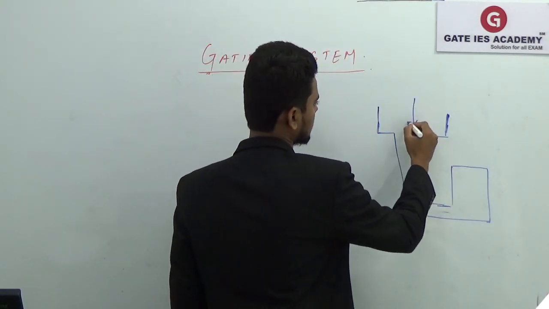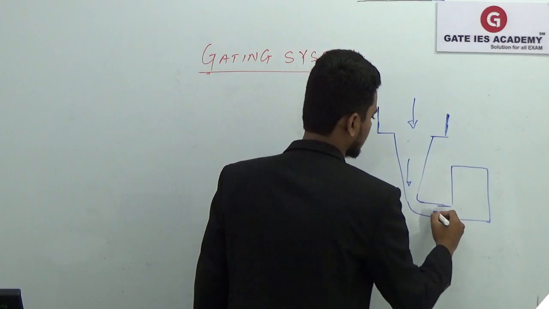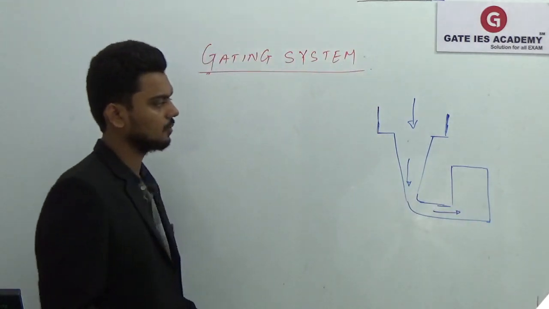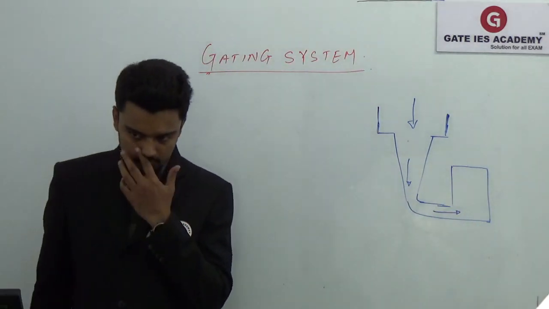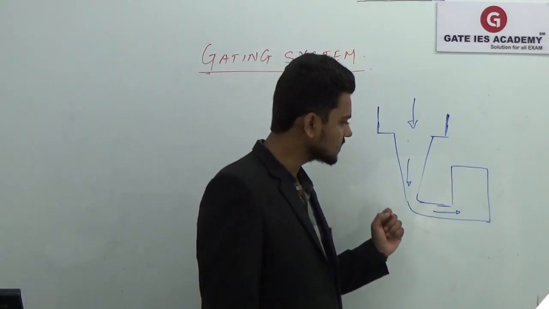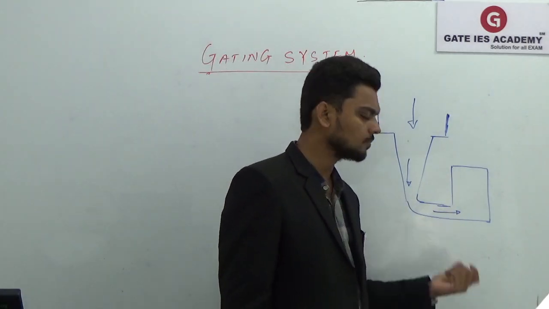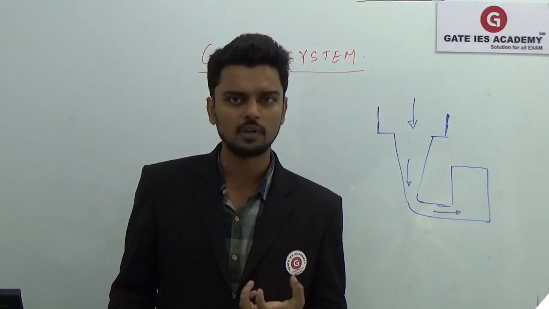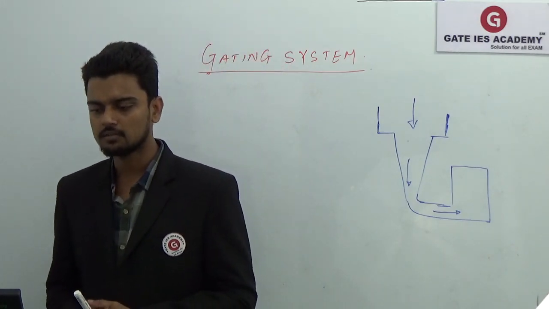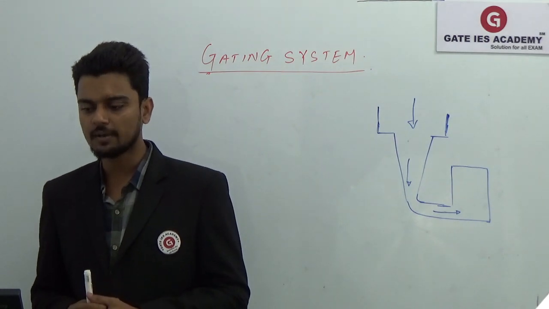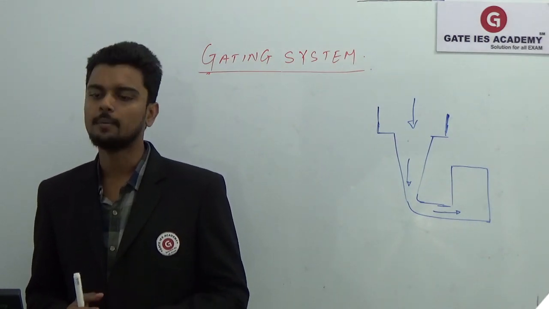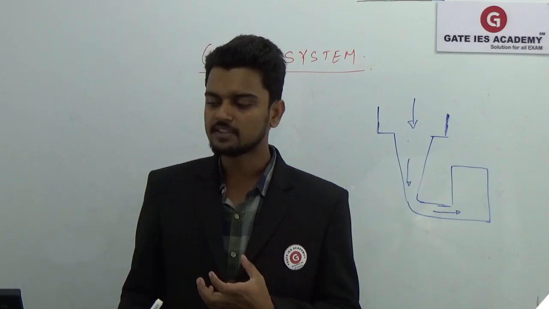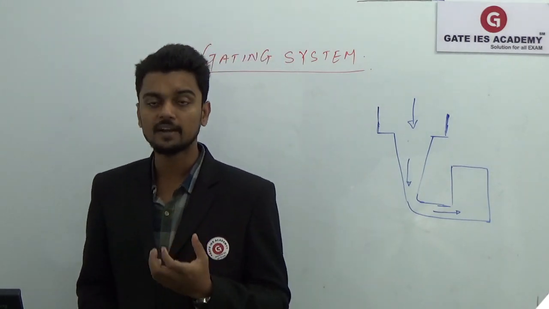So here the molten metal enters from the bottom of your cavity. By entering the molten metal from the bottom, obviously there will be very little erosion. Erosion will be minimum, and the metal at the top of the cavity will be at a lower temperature.